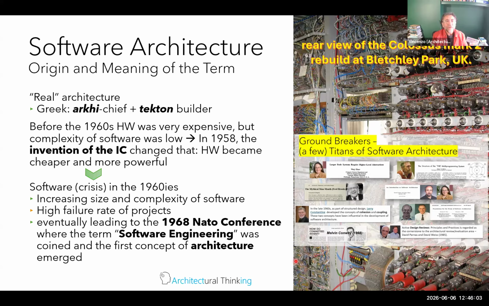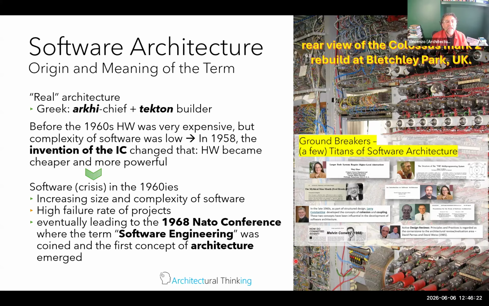In terms of the software side of things, before the 60s, software actually wasn't that important. The important thing being developed, where there was a lot of research and industrial effort, was on the hardware side of things.